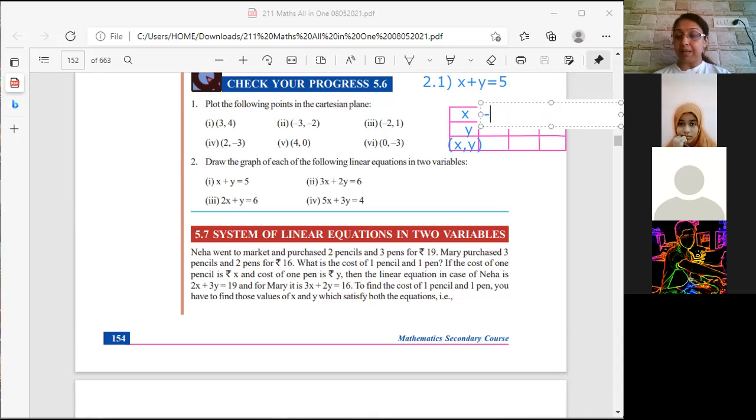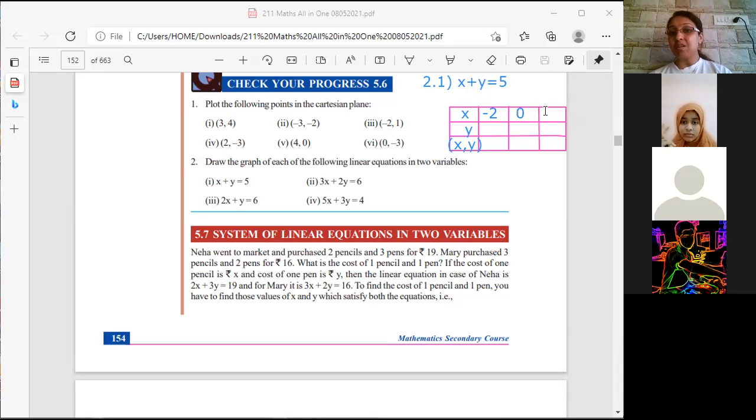So the first number that I assume is I have taken my x to be -2. The other number I assume to take is 0, because I usually do that. I take a negative number, I take a 0, and then I take a positive number. Did you see I just took it?